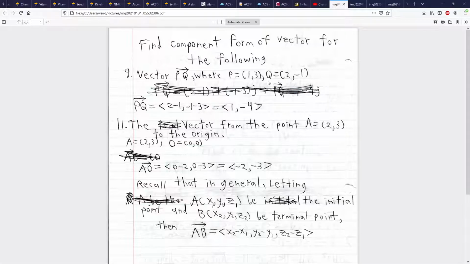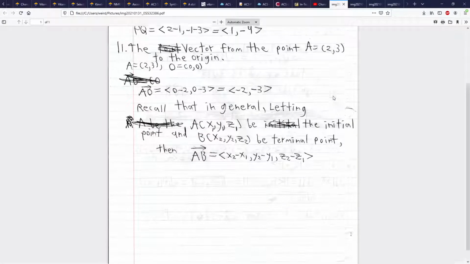You take second minus first. So 2 minus 1 and -1 minus 3. And it's very important that you keep these ordered here. You do end minus initial, basically.